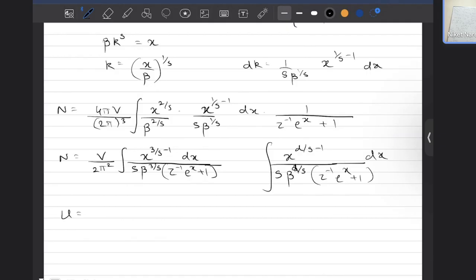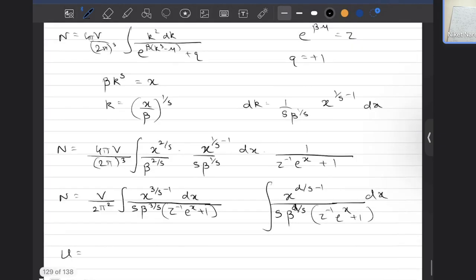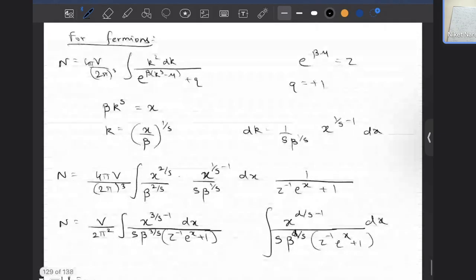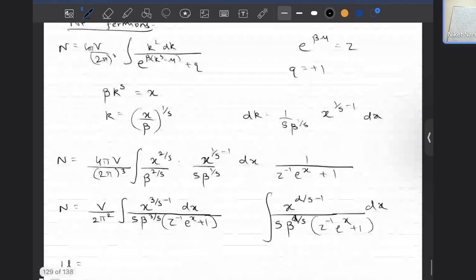In that case, what I have is this exactly n only, but I also have epsilon I, right?